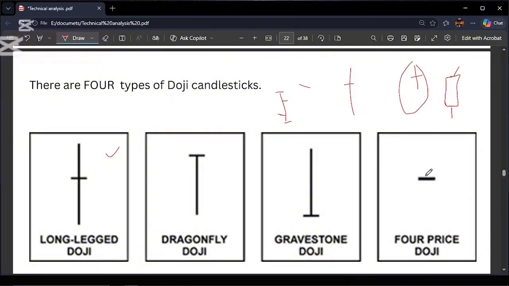In actual sense, it opened from here, it never moved downwards, so its lowest price is here. It never moved upwards, so its highest price is here, and it also closes there. So all 4 criteria are in one place. That's why it's called a 4-price doji.